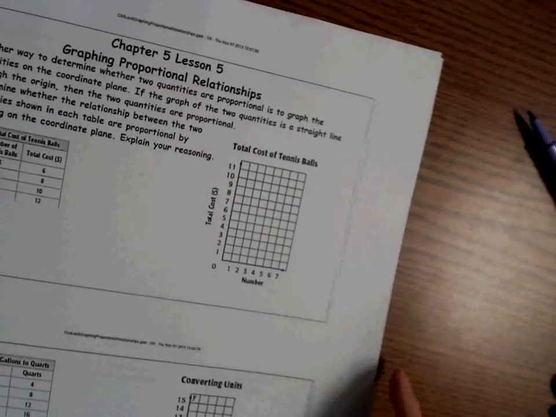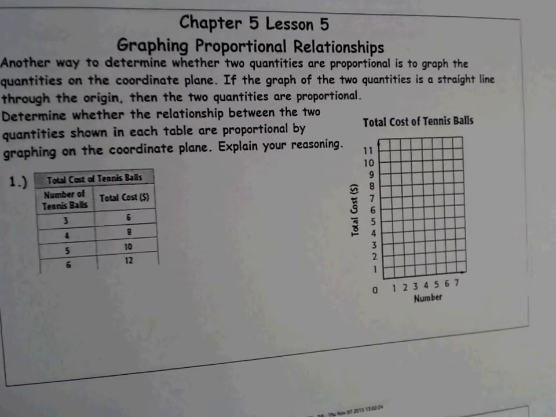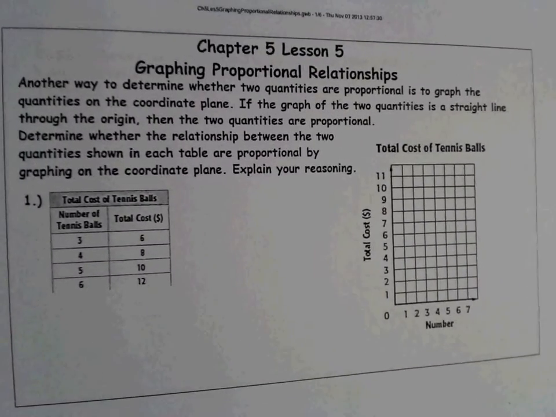So let's take a look here. Graphing proportional relationships. So we know how to tell if something's proportional by setting it up and seeing if it has a unit rate, but we can also use a different method, graphing.